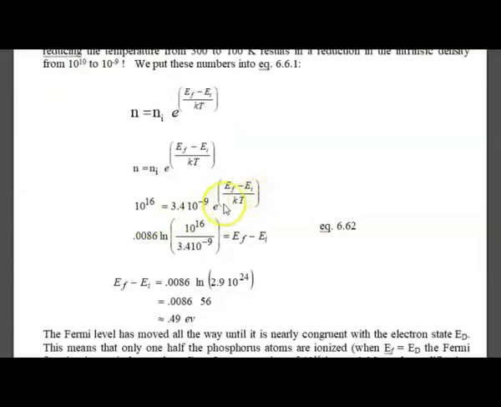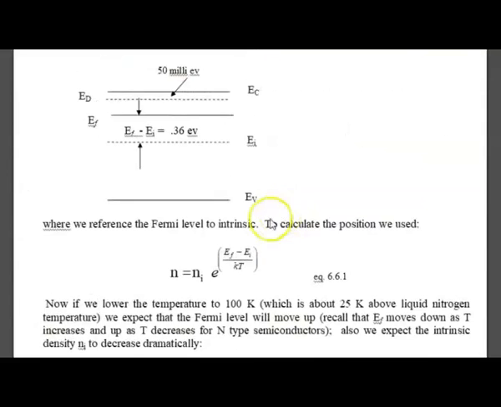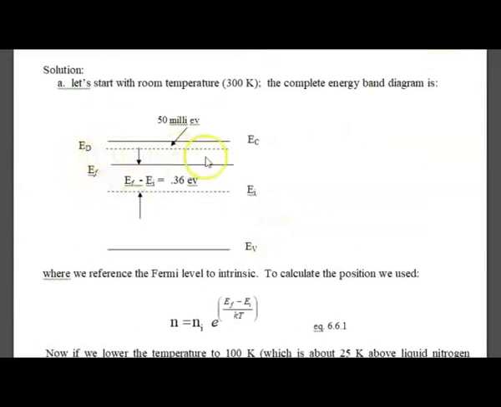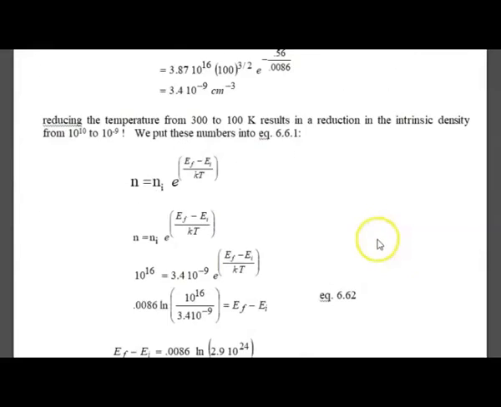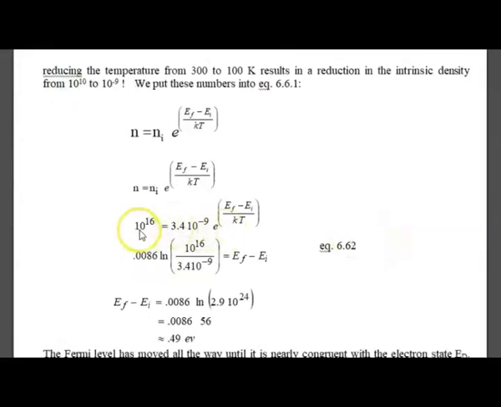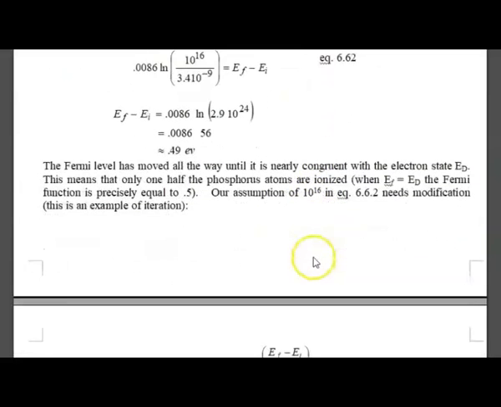If you work out the probability, you'd find that if the Fermi level is at E sub D, the probability of ionization is 1/2. So this is not quite 10 to the 16th. It's probably about 6 or 7 times 10 to the 15th. But you know what? It's close enough for government work, as they say, so it's reasonably good.